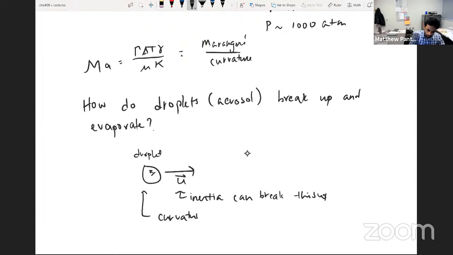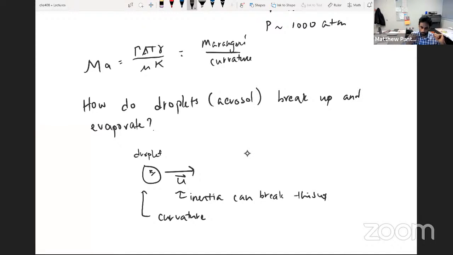In the case of the curvature aspect, there is going to be an energetic penalty for breaking this up. If you were to break this up into two smaller droplets, that needs to be balanced out by this effective pressure increase, right?